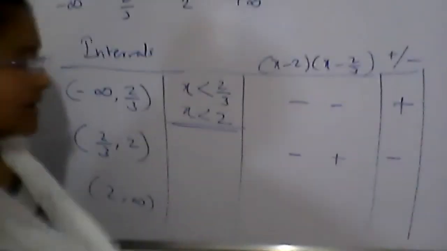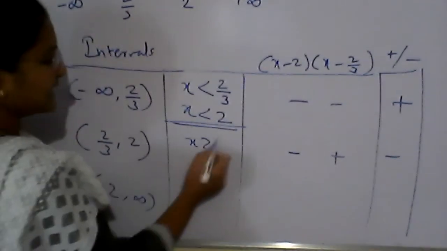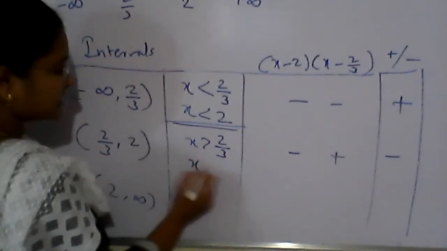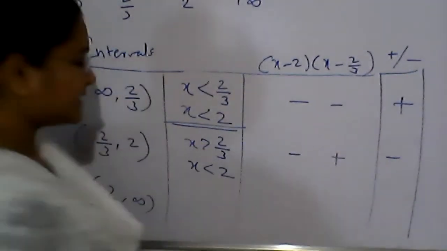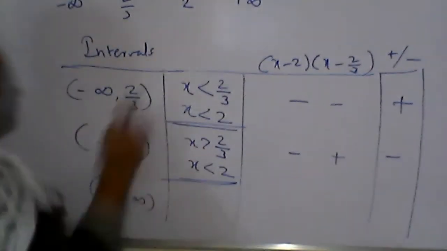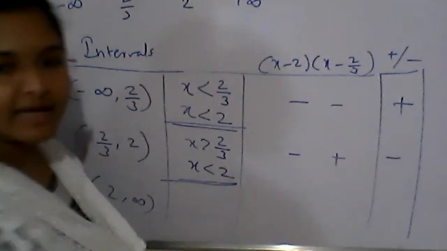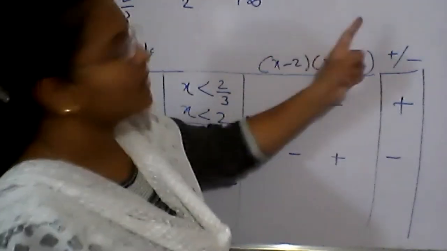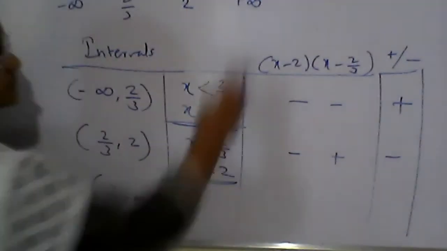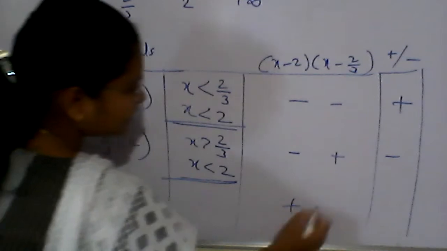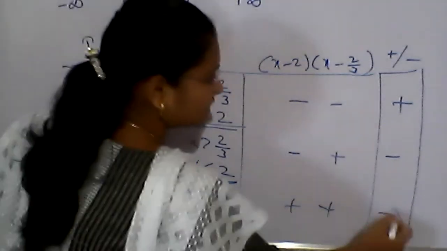Positive into negative will clearly give a negative sign. The value of x is greater than 2 by 3 and x is strictly less than 2, so it will be minus plus, which gives the minus. Now in the third interval, the value of x will be greater than 2 as well as greater than 2 by 3. So in both you will get the positive sign, so it will give the plus.